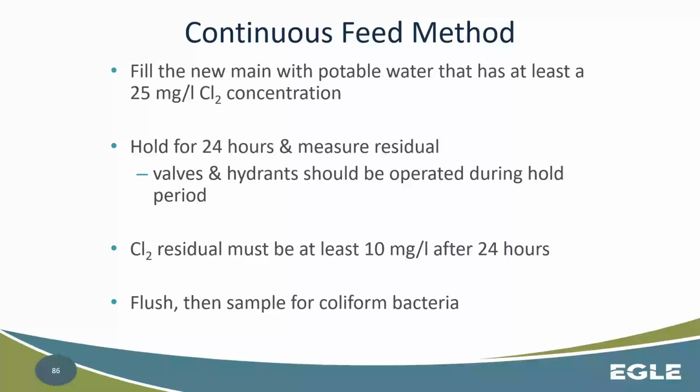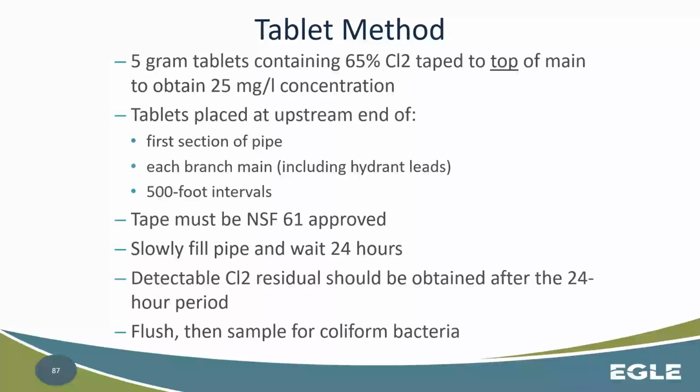So you're starting with that 25 concentration. If it decreases below 10 milligrams per liter, then you're going to have to do it again. Okay, you're going to then flush, make sure that chlorine residual goes back down, and then do your sampling for coliform.